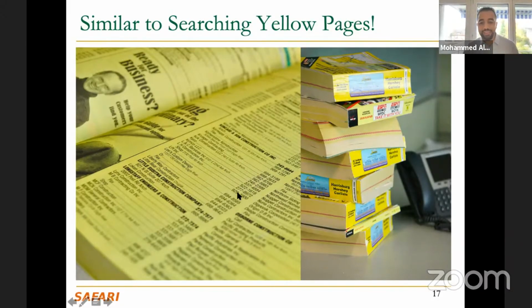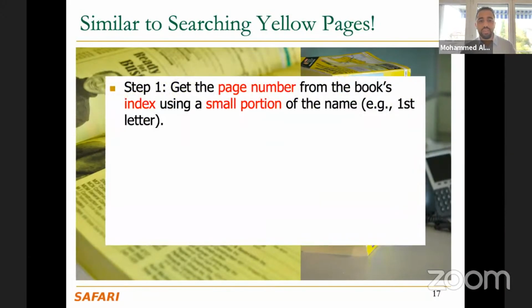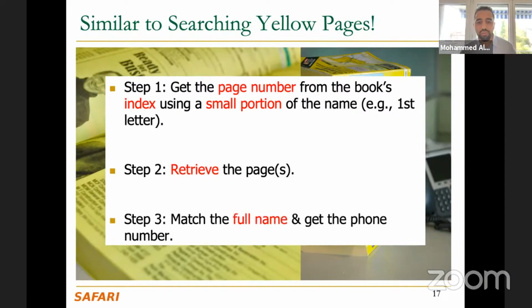And that's exactly how we do read mapping in reality. So first, get the page number from the book index using a small portion of the name. Normally we use the first character or the first two characters to get the page number from the book. And then we go to that page, retrieve it, and then try to find the full name from there until you get the phone number.